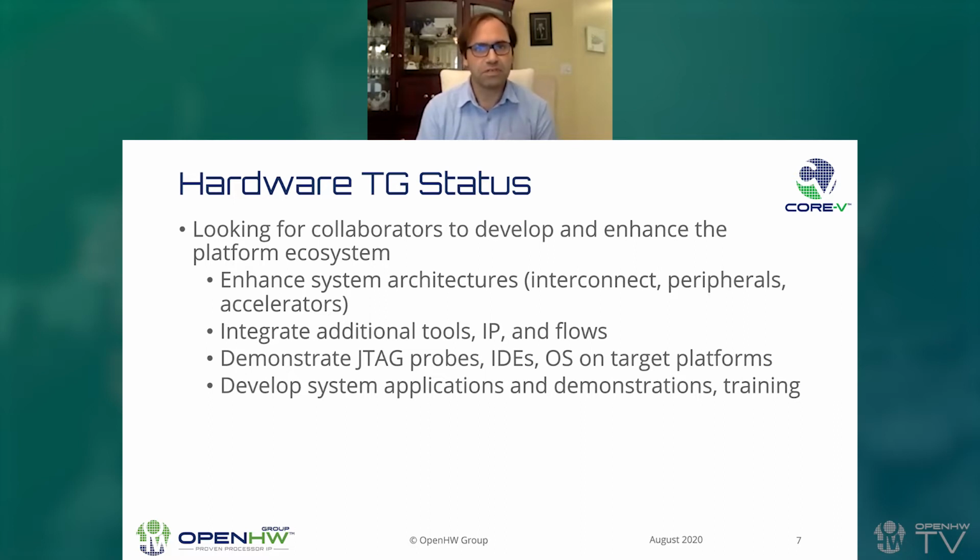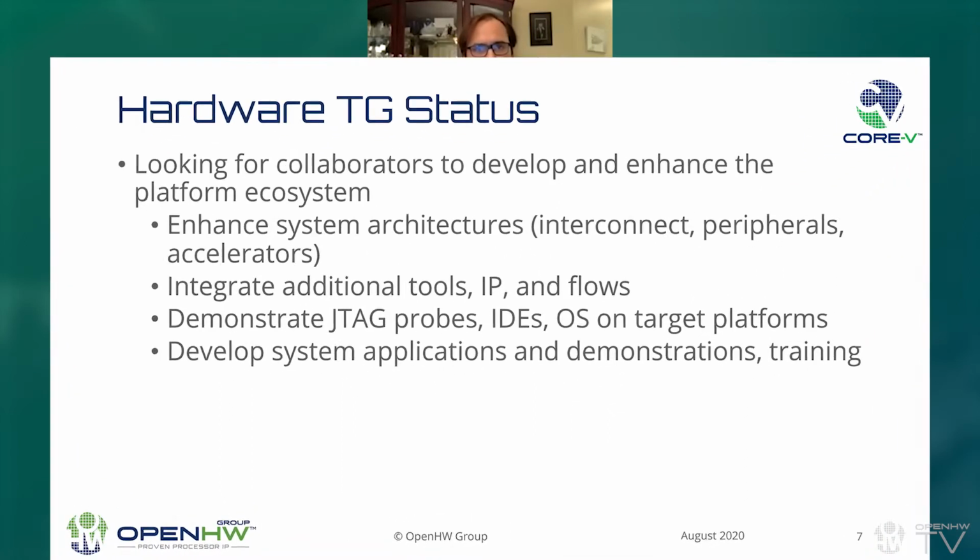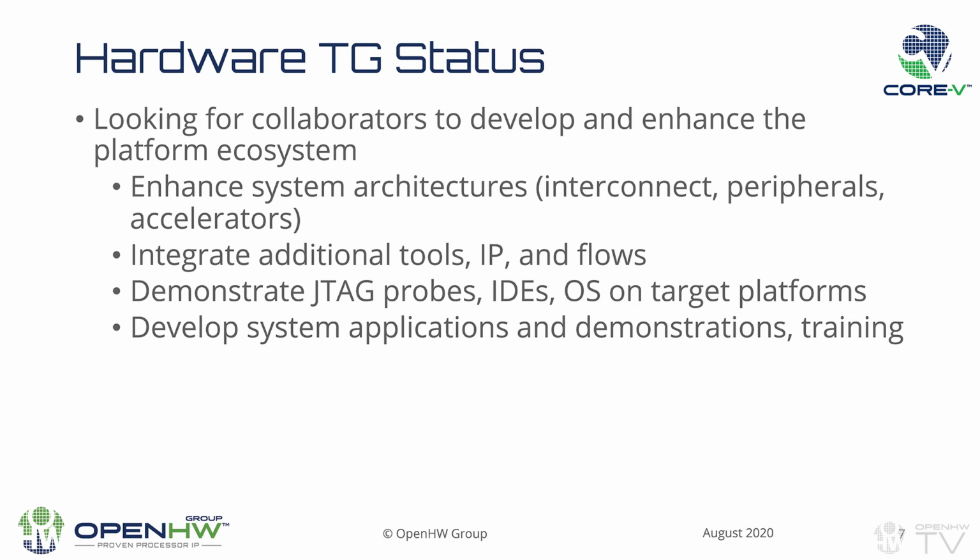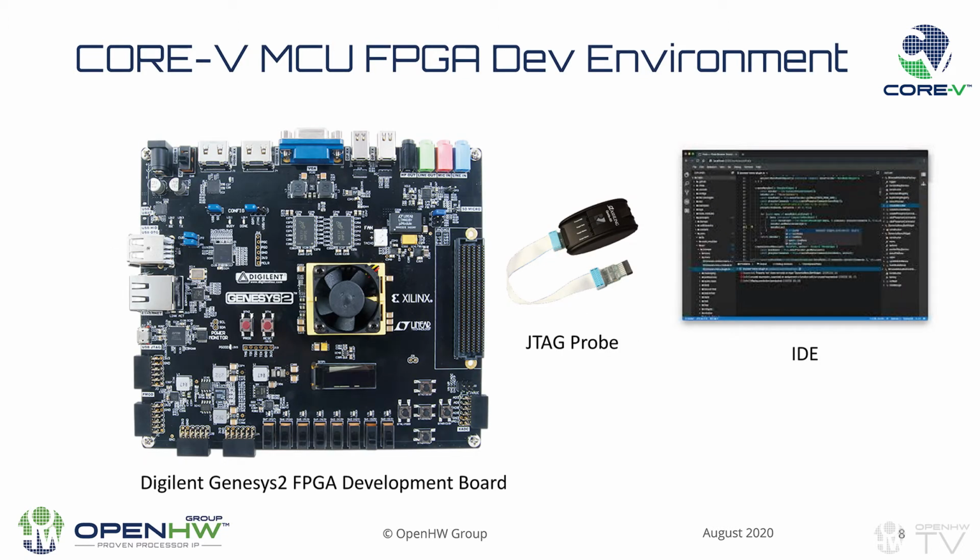And we're looking for collaborators to develop and enhance the current environment and future environments that can include enhancing the system architectures, such as different types of interconnect or adding peripherals and accelerators to the system, integrating additional tools and IP and development flows, demonstrating different JTAG probes, IDEs, operating systems on the target platforms, and developing application and demonstrations and training materials for users. And as I mentioned, I'll be talking about this environment a little bit later.